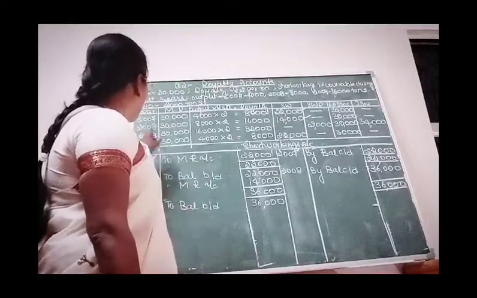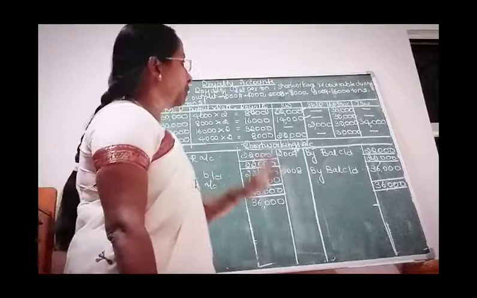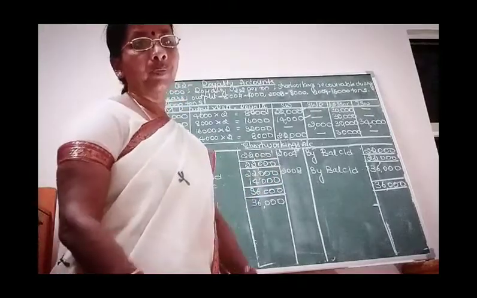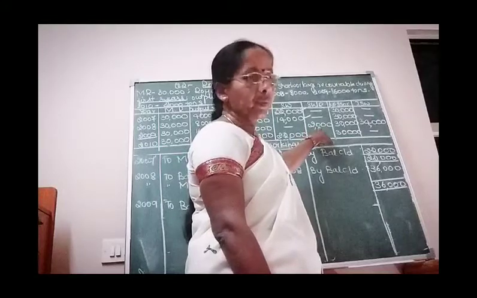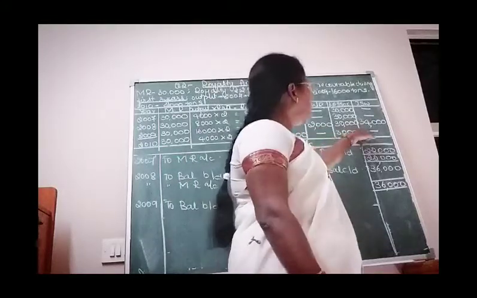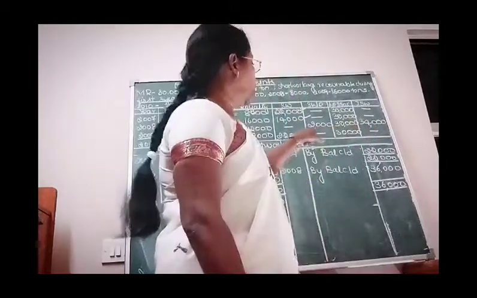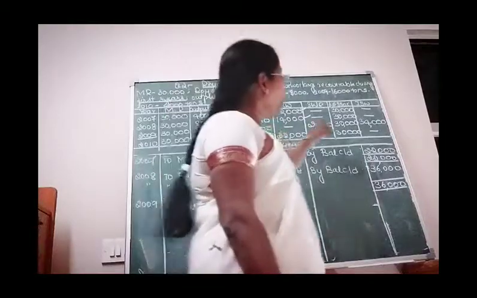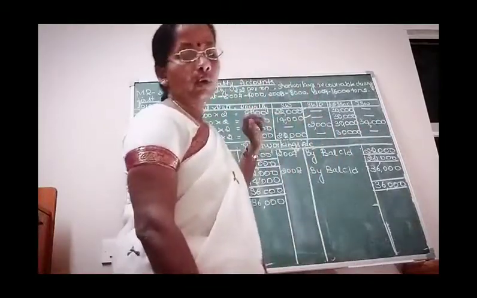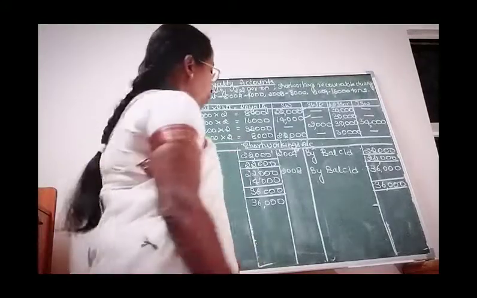Now you observe, I am in 2009, right? There are two transactions which you need to enter here. What is that? One is 2,000 rupees recovery. Another one is 34,000 rupees irrecovery. 2,000 is recovered from royalty, but 34,000 is not recovered. It is a loss that will be transferred to profit and loss account.